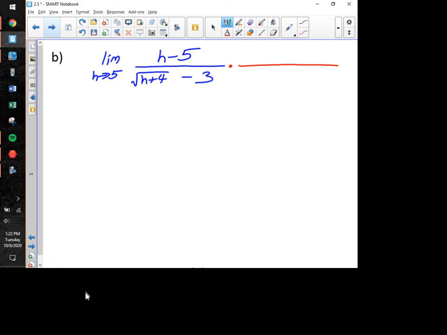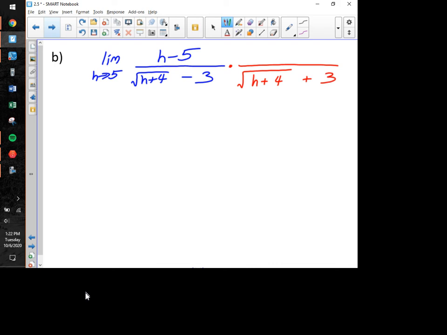Now let me say the words out loud again. A conjugate binomial has the same first term but opposite second terms. So if I look at the blue denominator here, the same first term would still be the square root of h plus 4. But now instead of a minus 3 at the end, there's going to be a plus 3 at the end.